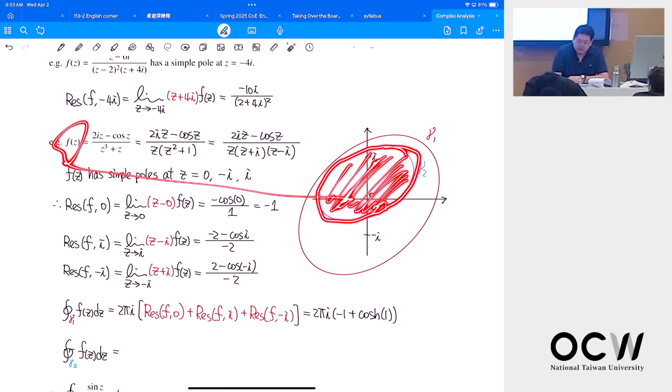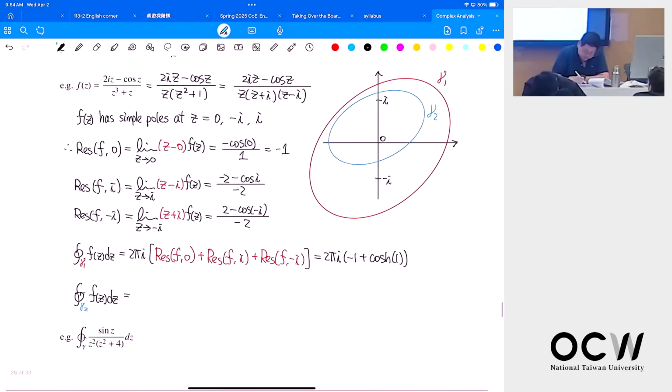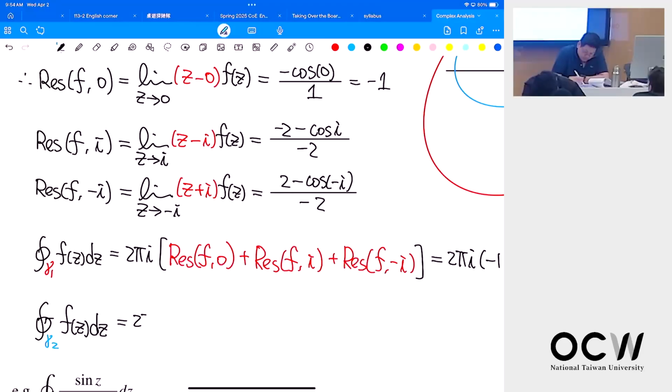So except at 0 and i, by the residue theorem, I have 2 pi i times their sum. I only need to consider the residues at 0 and the residue at i.